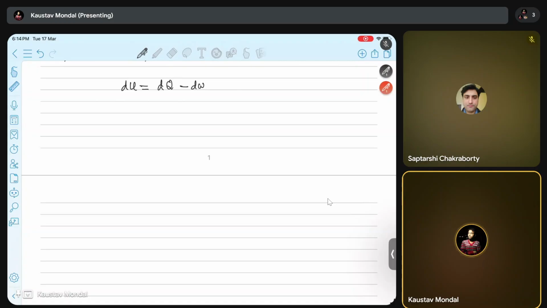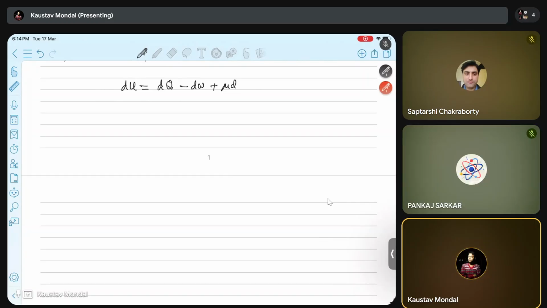If you consider the system as an open system, there would also be a third term, mu dN. For our case, we only consider a closed system, so dU becomes dQ minus dW.